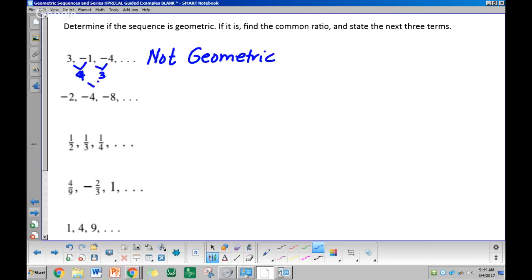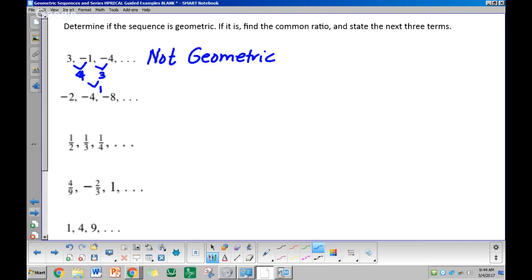And then the common difference here would be 1. So these are finite differences, we call them. That means it's going to take a quadratic to work it out, but I'm not ready to go there. We're just babies in the sequence and series world right now, so there is a pattern, but we can't see it right away, okay?